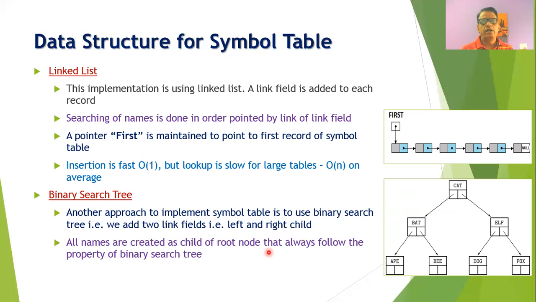All names are created as children of the root node and always follow the property of the binary search tree. As far as this data structure is concerned, one can easily find that this is a very efficient data structure compared to the list or linked list, because here the insertion and lookup both are of the order of log n to the base 2 on an average.